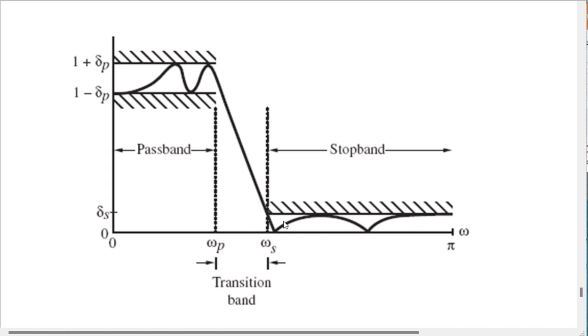And a stop band starting from omega S or Fs up to pi or half Fs. It's called stop band. And in the middle, you see the transition region. Okay? So, it's the tolerance scheme for a low pass filter. I invite you to draw the figure for high pass, band pass, and band stop too as take home. Okay?